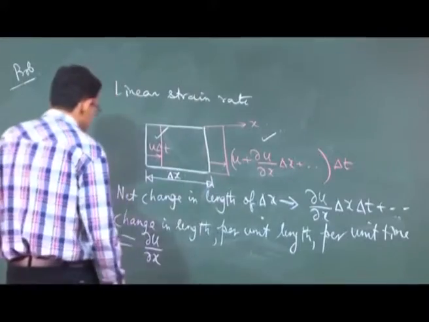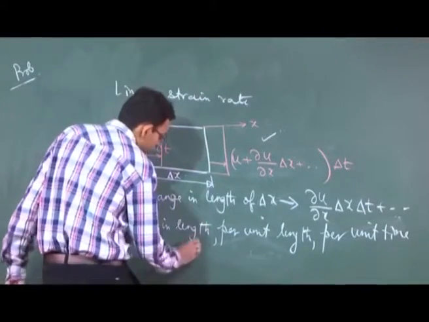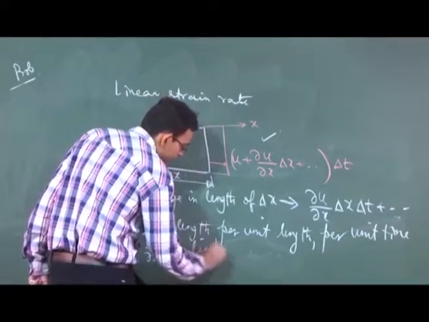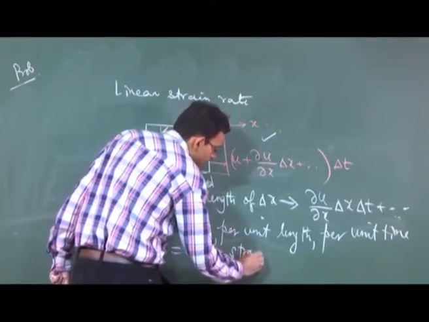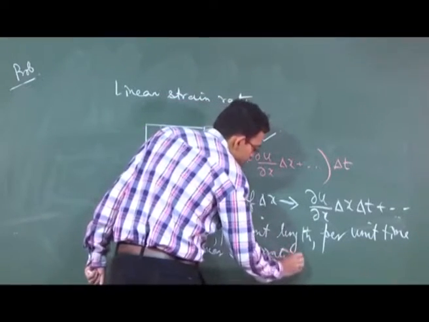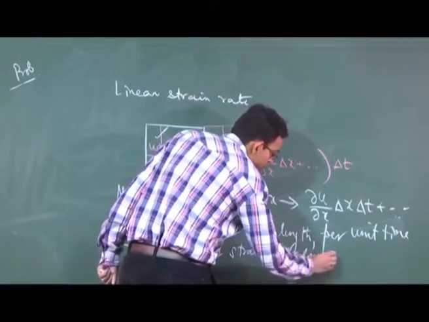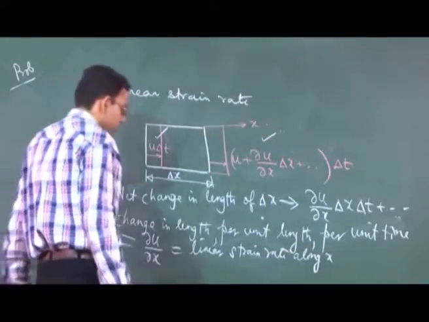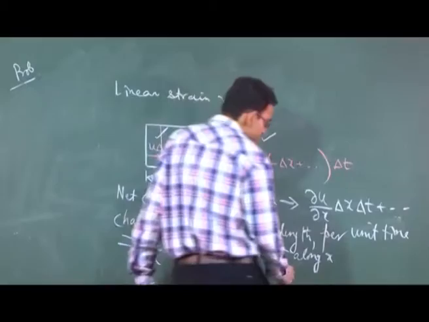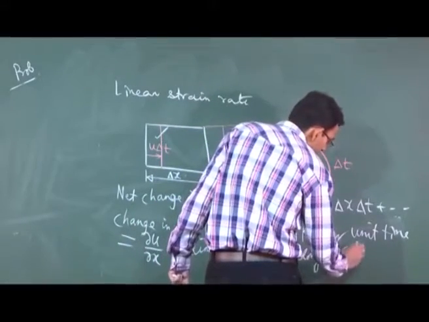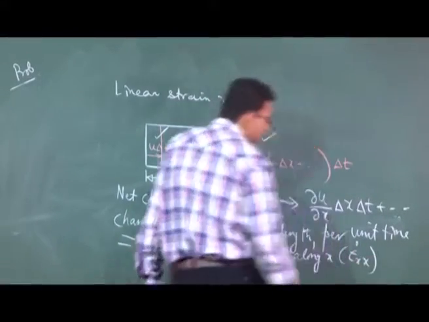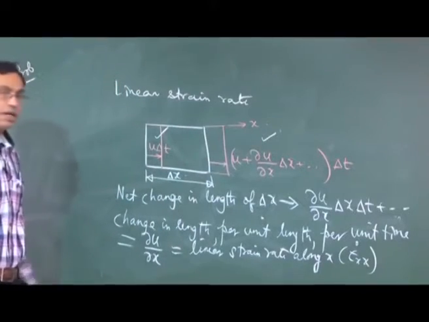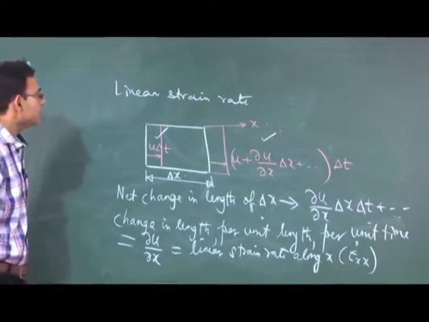So this is the linear strain rate along x. So this is often called as epsilon dot xx.